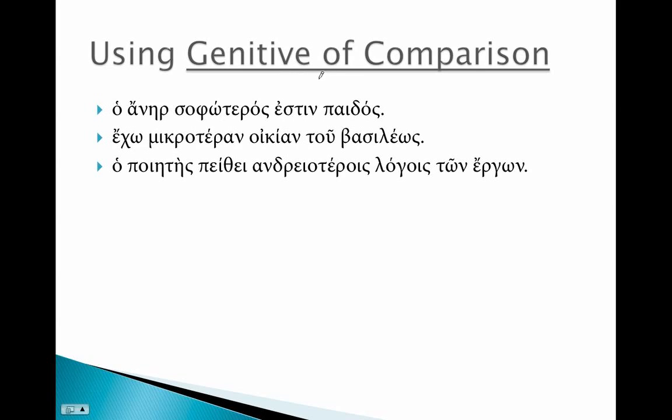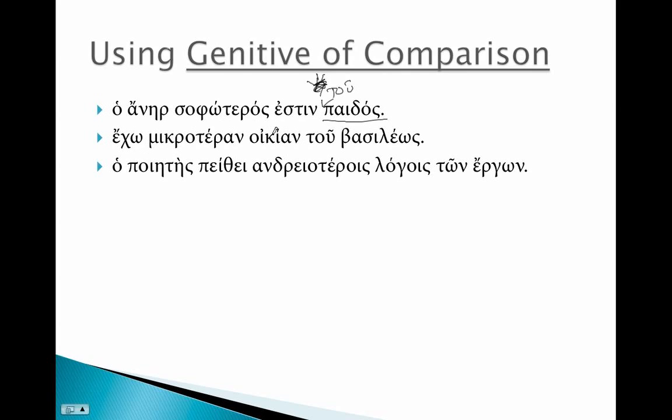And so rather than ē ho pais, ho anēr sophōteros estin, we could keep our article in the tou paidos. The man is wiser, we're good up to that point. Tou paidos, no ē, then the child. This is pretty clear. There's no worry about that.